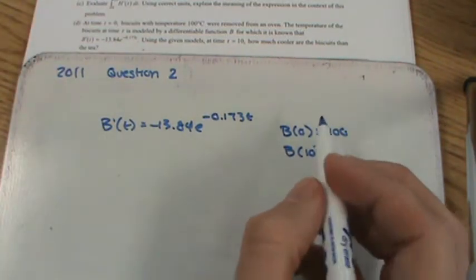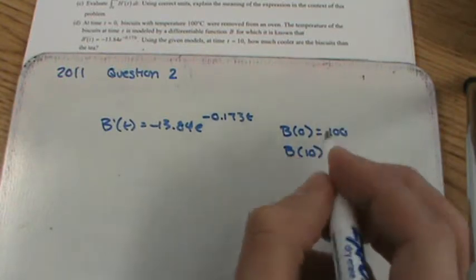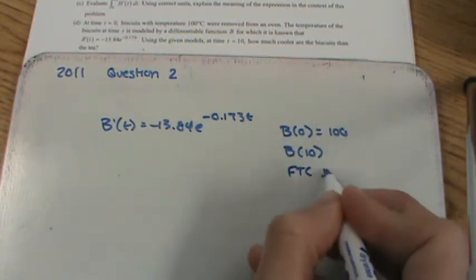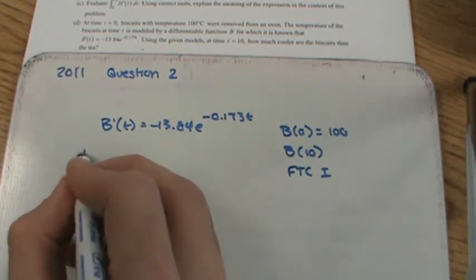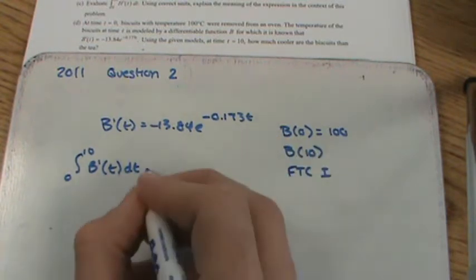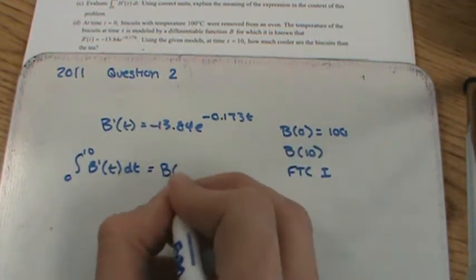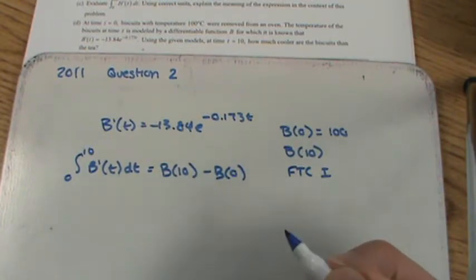We have an initial condition, we have a rate, and we got to find another one. So this is going to be that fundamental theorem of calculus part 1 again. We use that a lot. So we're going to integrate 0 to 10 of b prime of t dt, and that's going to give us b of 10 minus b of 0.